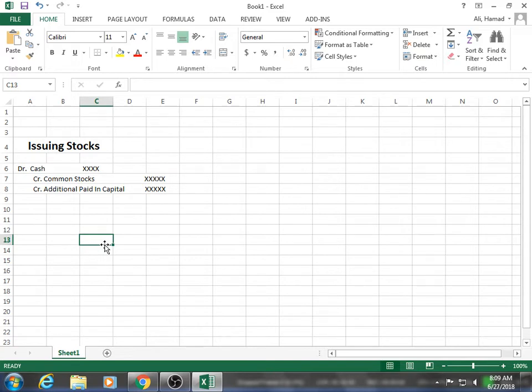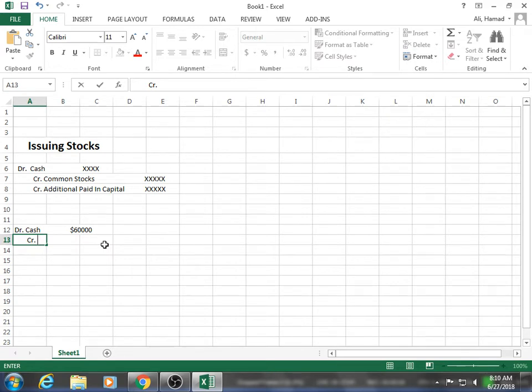5,000 shares at $12 each. Exactly, $60,000. So we're going to debit cash $60,000. And we're going to credit, automatically, what do you say we credit?